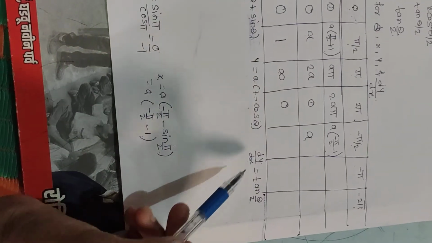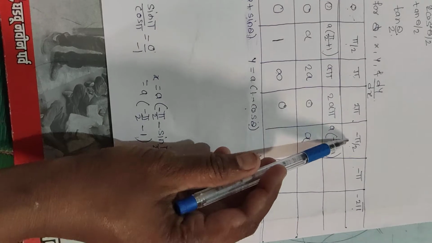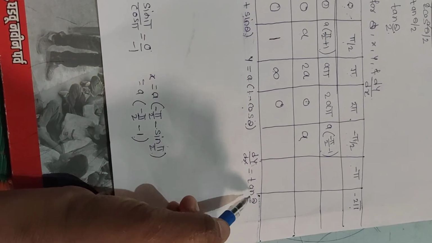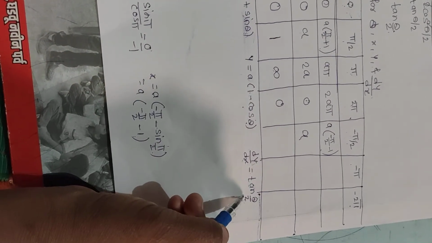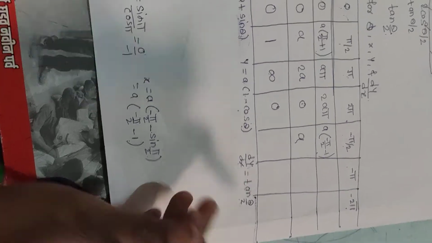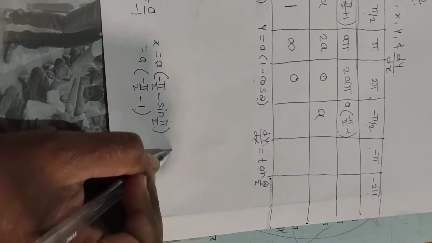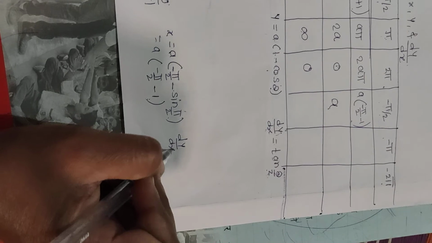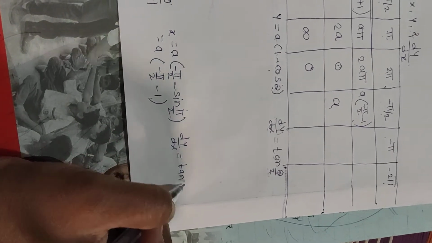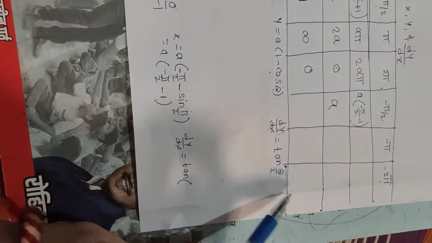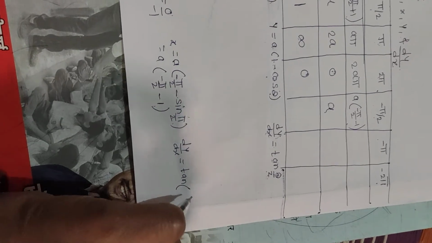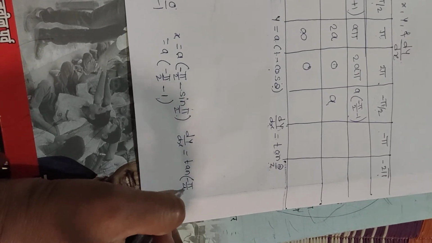For dy by dx, we again put minus pi by 2. So dy by dx equals tan of theta by 2, that is minus pi by 2 upon 2, which becomes tan of minus pi by 4, right?